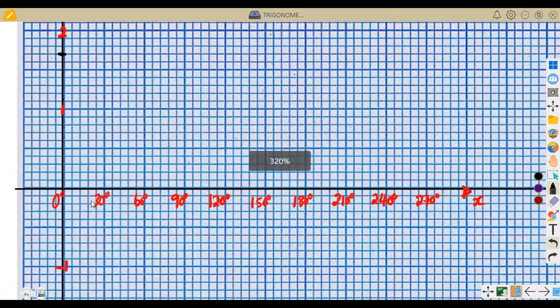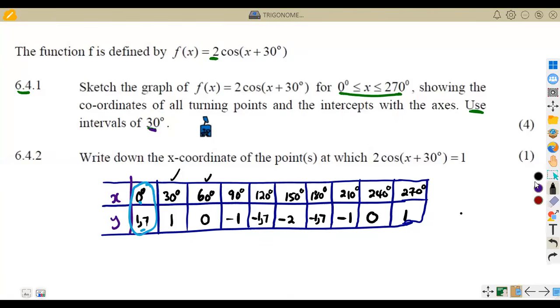Since these are 10 boxes, this is 0, 1, 2, 3, 4, 5, 6, 7, 8, 9. Then we've got a 1. So each box there is representing a comma 1 in this case. So 0 versus 1,7. This is 1, then 1, 2, 3, 4, 5, 6, 7. So that's where you mark your first point. So that's how you play around with this. You are supposed to have the exact thing.